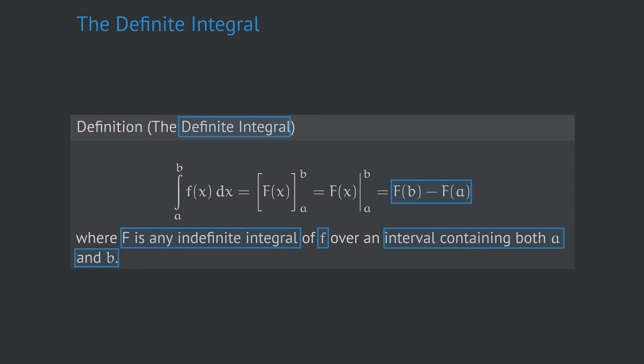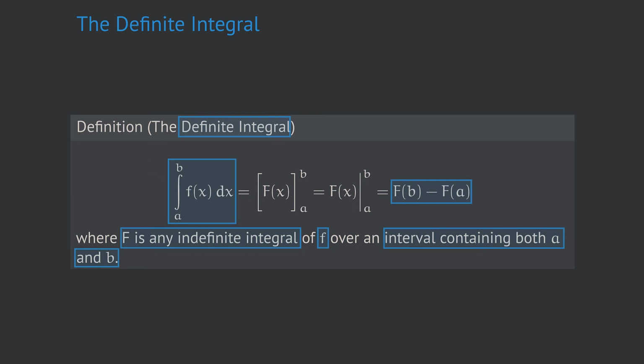And in fact, there are three different notations of this definite integral. The first and the most important one is this one. Observe that the only difference to the notation of the indefinite integral is that here additionally the limits of the integral are written beneath and above the integral symbol.